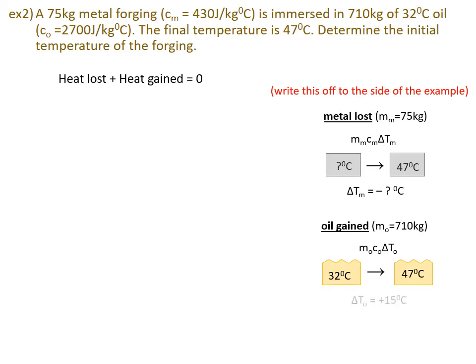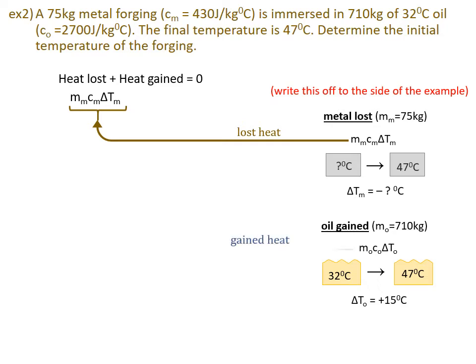And the oil increased in temperature, so change in temperature of the oil is 15 degrees Celsius. So heat lost. Well, metal's losing heat, so that's MMCM delta TM, and gaining heat is the oil, so that's plus MOCO delta TO, and that's all equal to 0.